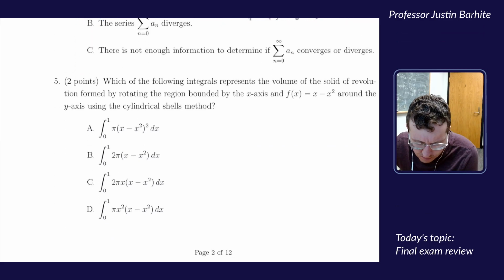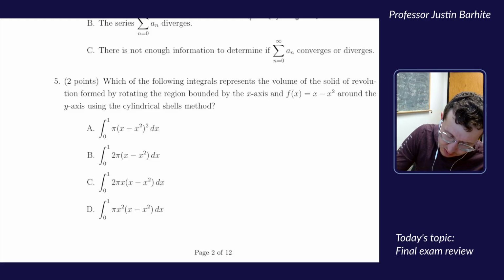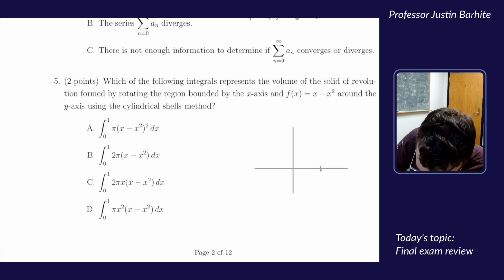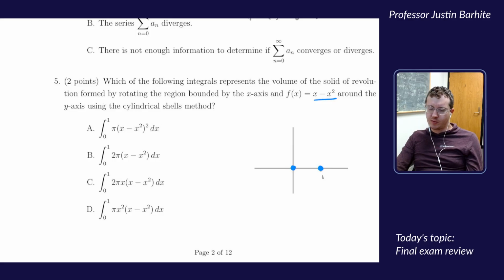Which of the following integrals represents the volume of the solid of revolution formed by rotating the region bounded by the x-axis and this parabola around the y-axis using shells? Okay, let's graph this parabola. If you factor that, that would be x times 1 minus x.